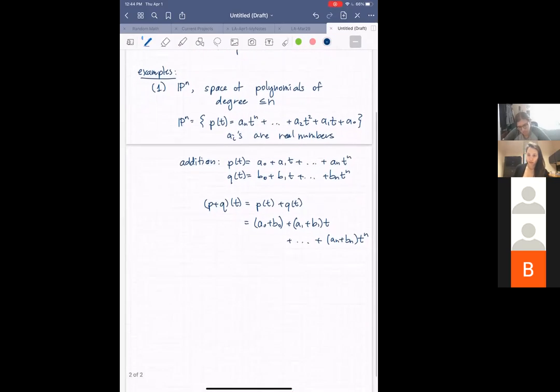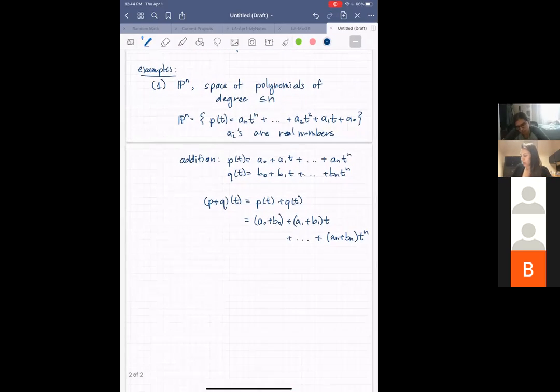It makes sense that we would define this in this way. We would define the constant times p of t. Multiplication by a scalar would just be multiplying our entire polynomial by c, so we would just distribute it to each term.